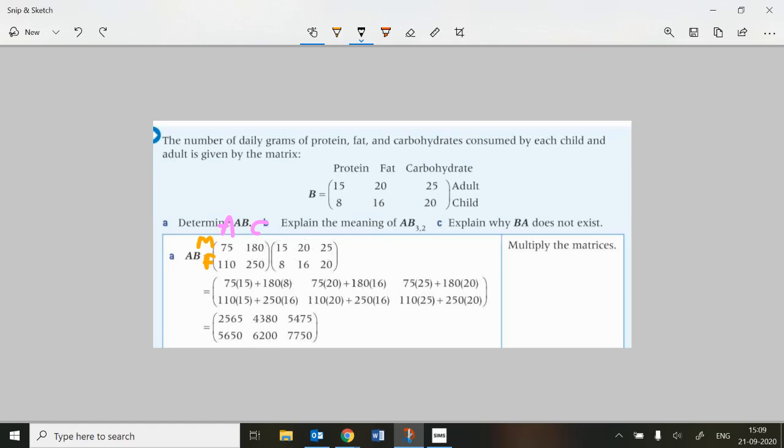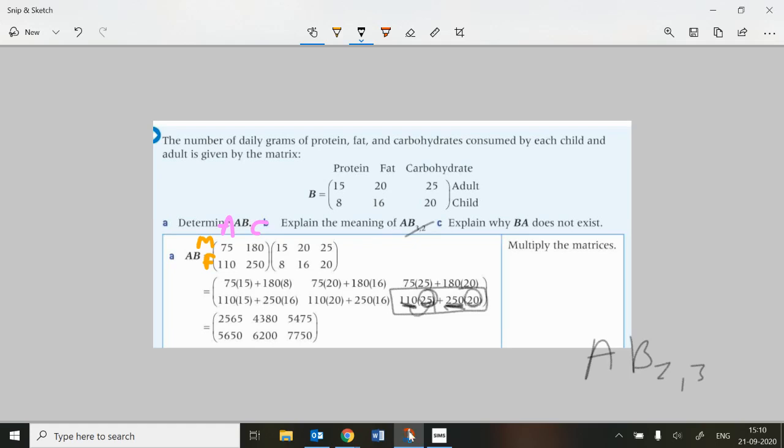Okay, so for the next bit, it really should say, what's the meaning of AB 2,3? So not 3,2. They're looking for this one here. That's 2,3. It's the second row and the third column. So again, what's the meaning of that? Well, that's going to be 110 women and 250 girls, and their consumption, respectively, of carbohydrates.